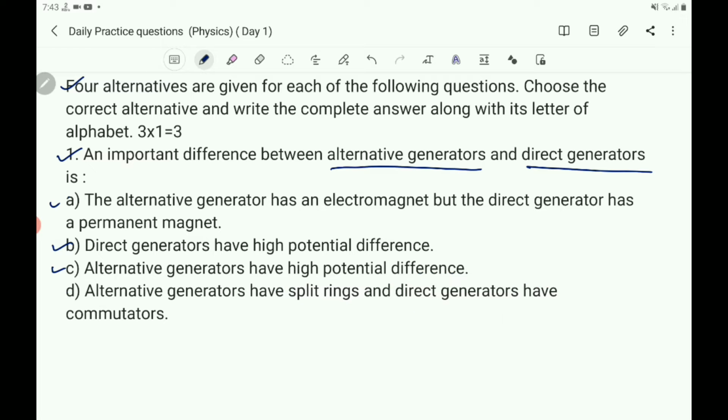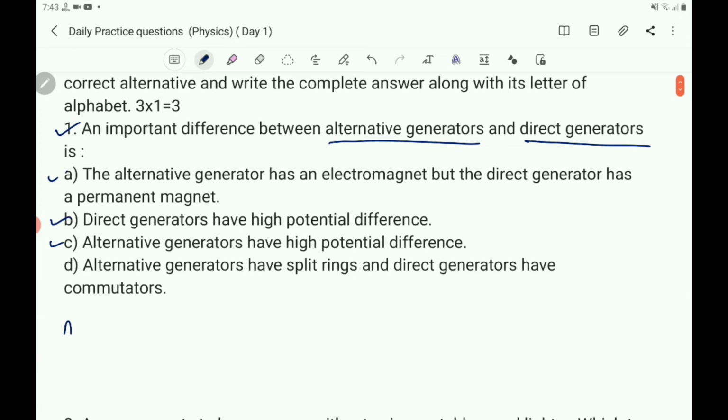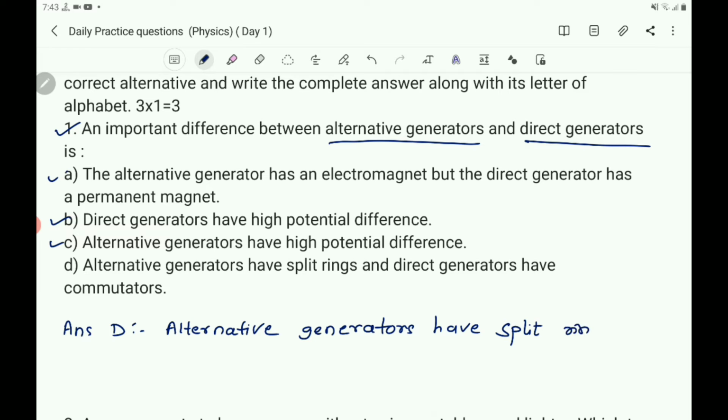So you write that option D answer. Option D, alternating generators have slip rings and direct generators have commutators.